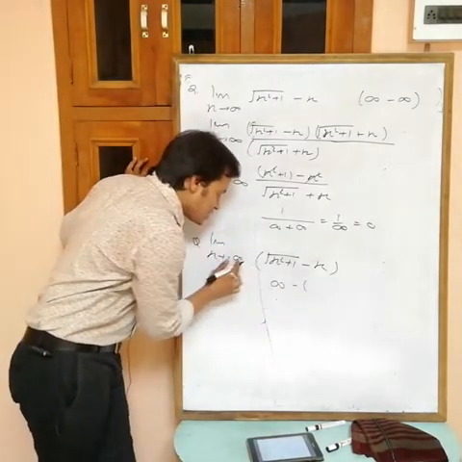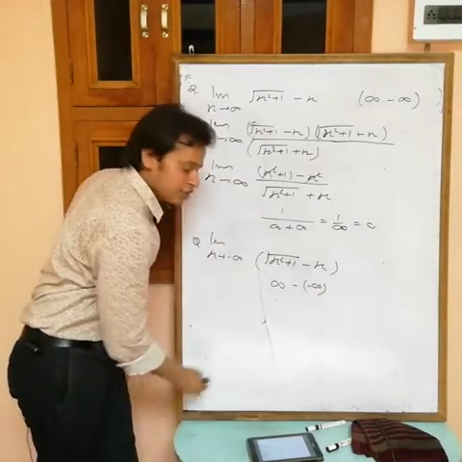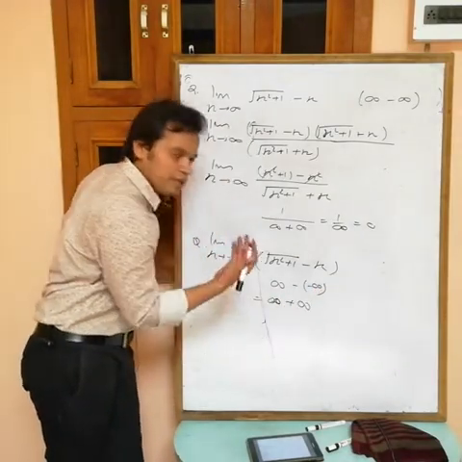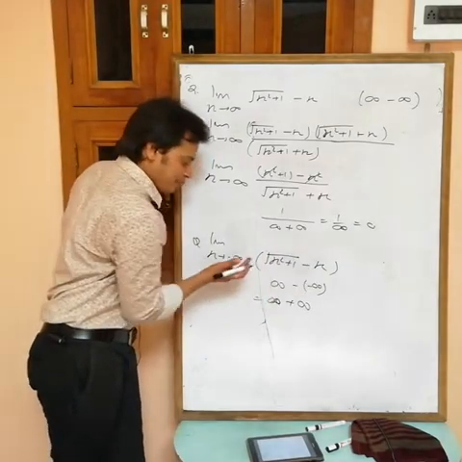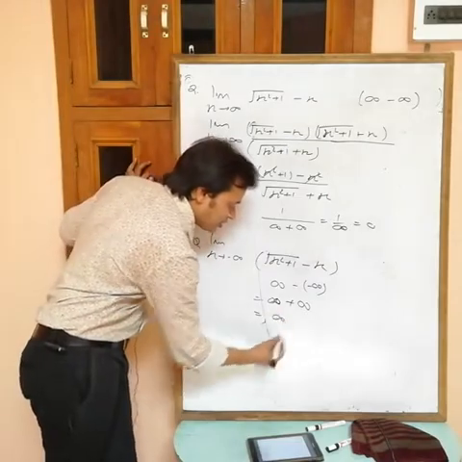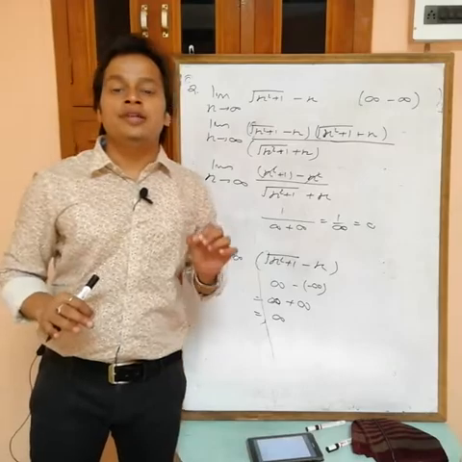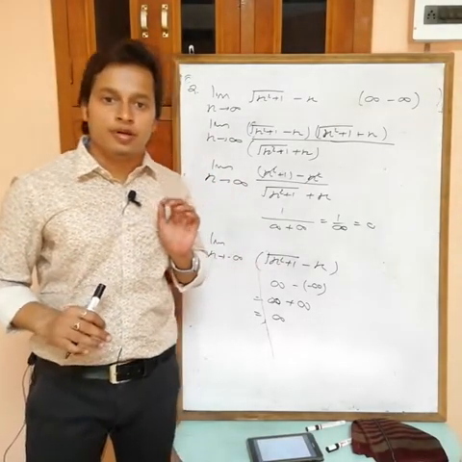Minus of x: x is minus infinity, then minus x is plus infinity, and infinity plus infinity is infinity. So the answer is either does not exist or infinite limit.